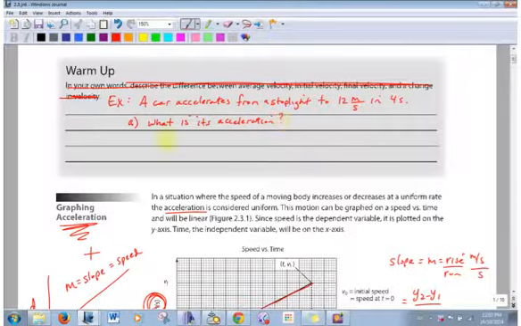What is its acceleration? And B, how long will it take to reach a speed of 20 meters per second?